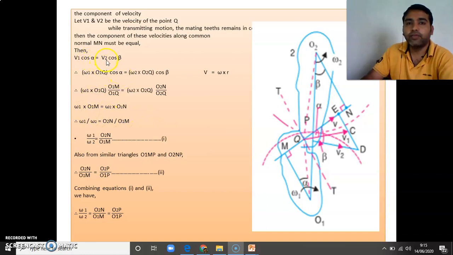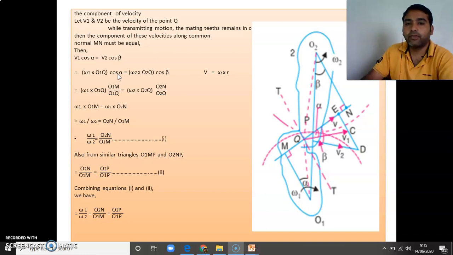Also put the value of V2, that is omega 2 into O2Q into cos beta. Now, what is the value of cos alpha?